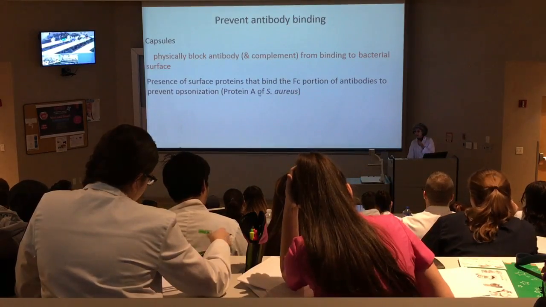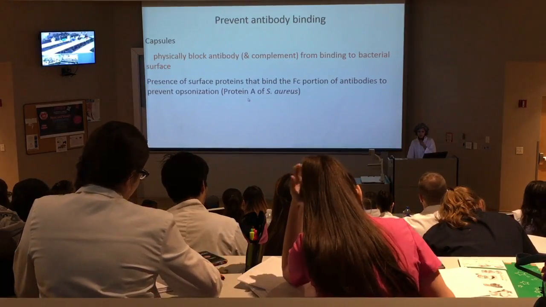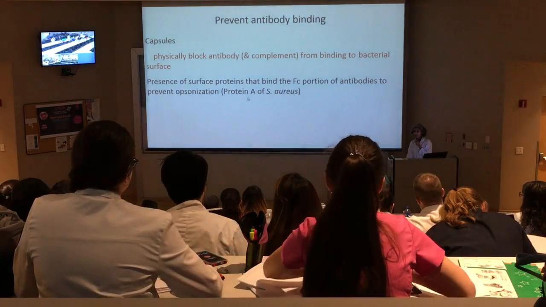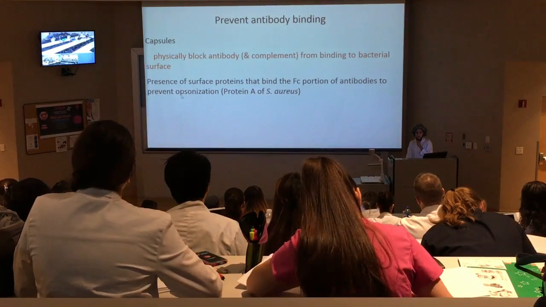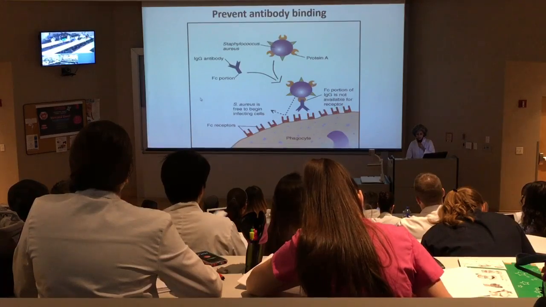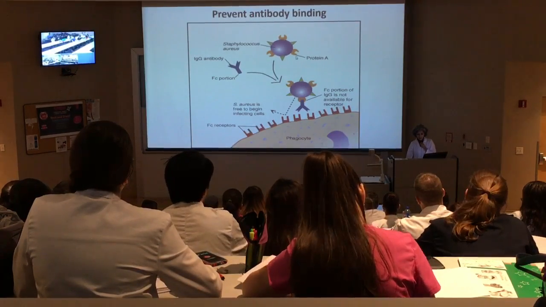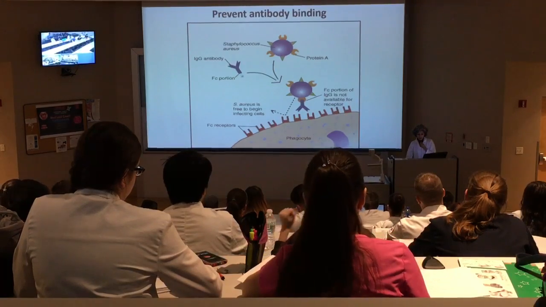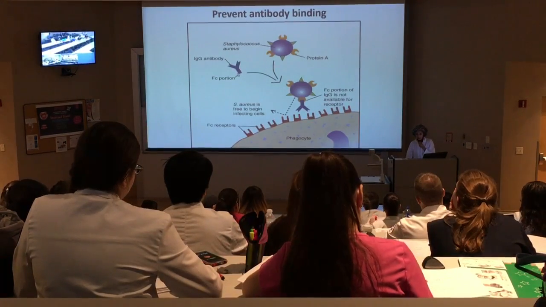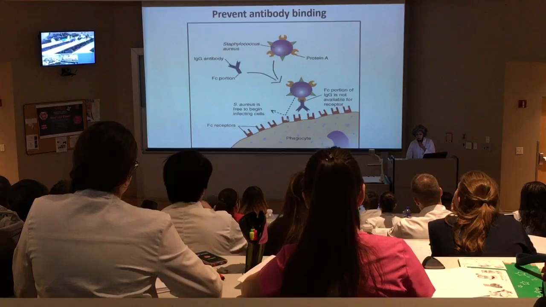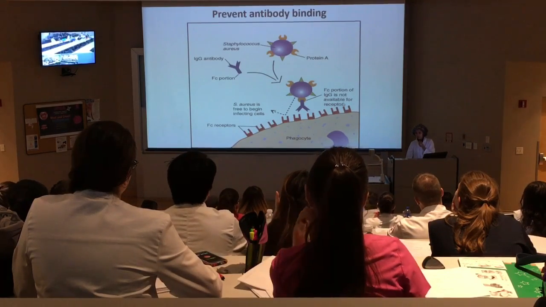Protein A, Staph aureus, right? So what does protein A do? It's going to bind to the Fc portion of the antibody, and it prevents opsonization. We've talked about this several times. One last time: this is your protein A, and it's going to bind to the Fc portion of the antibody. By doing that, it prevents the antibody from binding to these Fc receptors on the phagocyte.